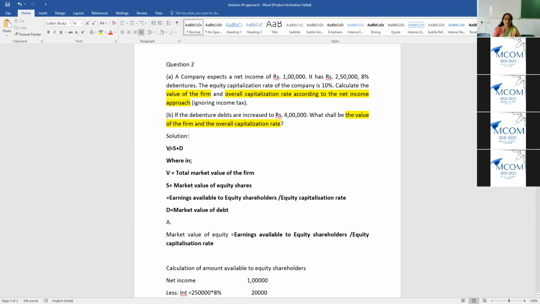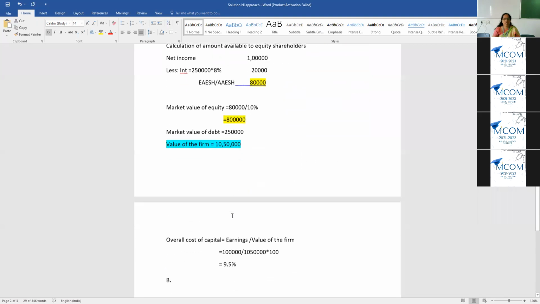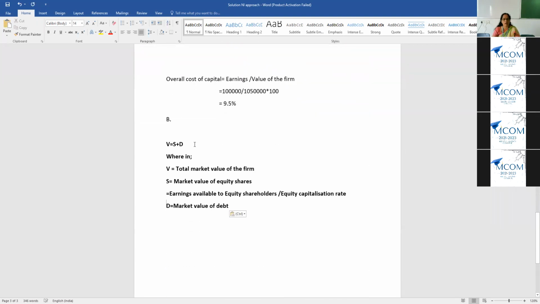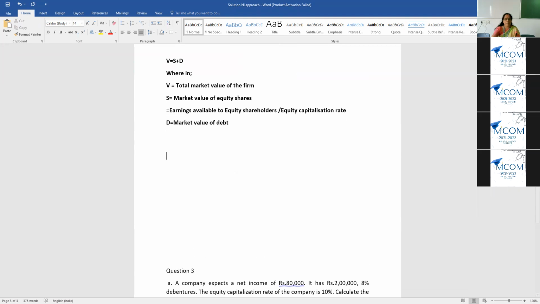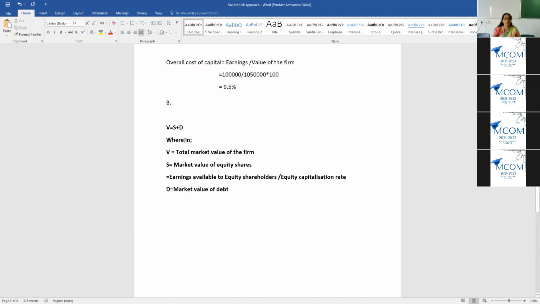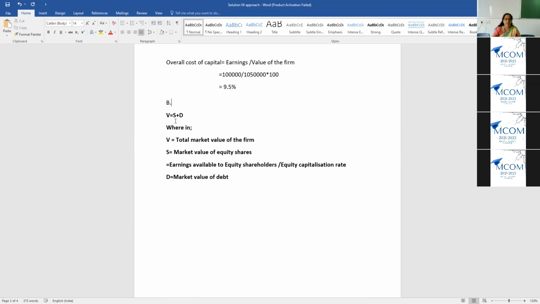In the net income approach, the value of the firm is calculated with this formula: V equal to S plus D, where S is the market value of equity shares and D is the market value of debt. Given the market value of debt, it is increased to rupees 4 lakh.